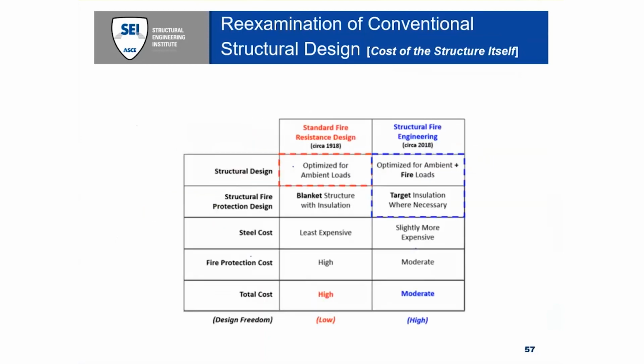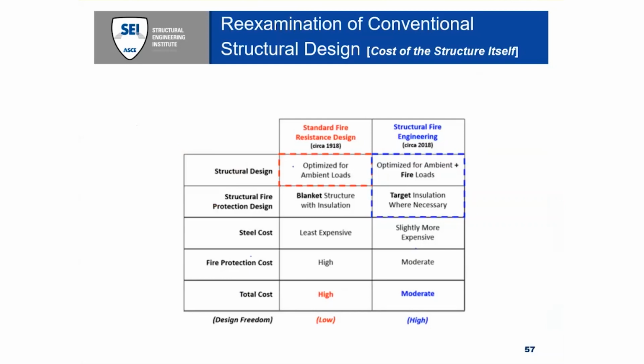So I ask the question, is optimizing a structure for steel tonnage and then arbitrarily blanketing the structure with fireproofing truly optimization? From my perspective, optimization of a slice of the pie, even though it's a big slice, is truly not optimization of the pie overall.